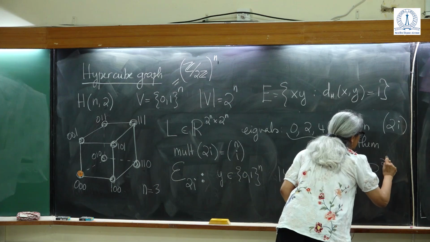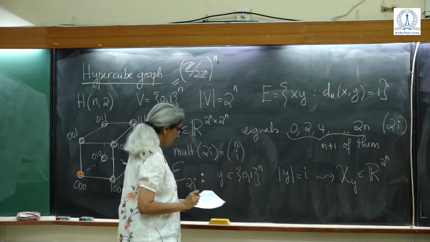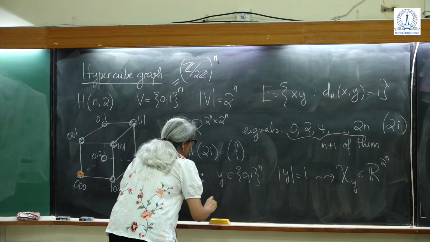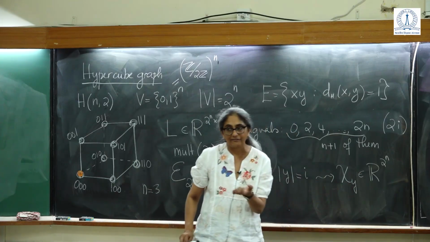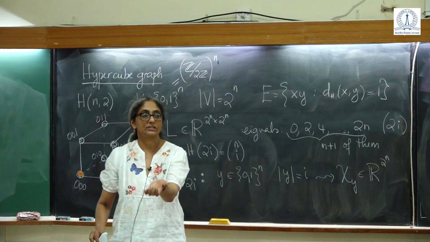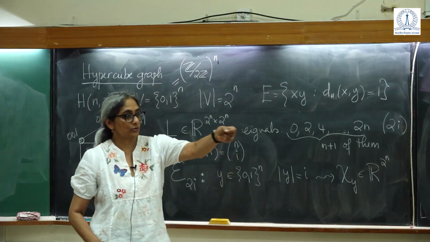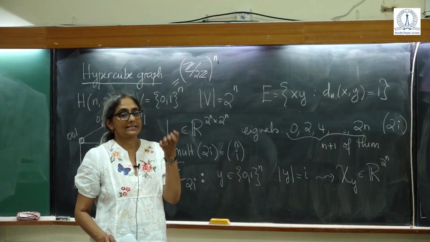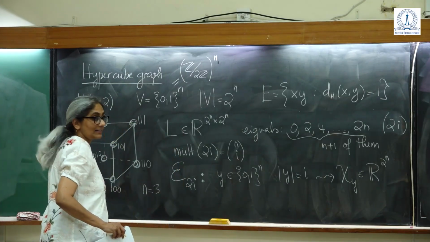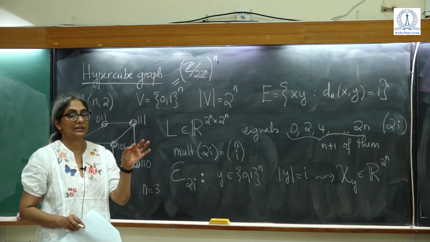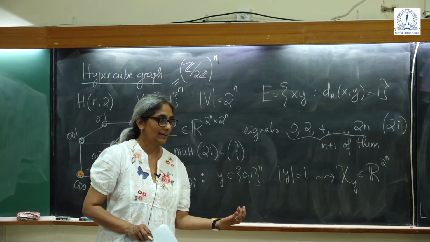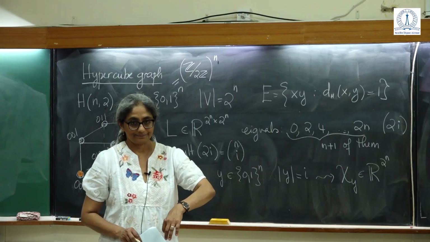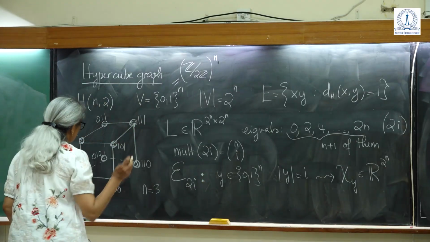And this is going to be something that lives in 2 to the n space. So this thing has a coordinate for every x in {0,1} to the n, right? Its length is 2 to the n. So its coordinates are going to be indexed by all the white dots here, right? So I just need to tell you what sits in the x position of this chi y, where x is a 0-1 vector.